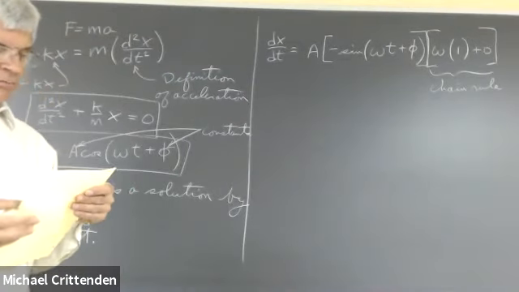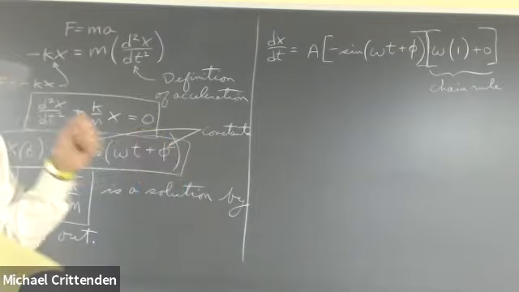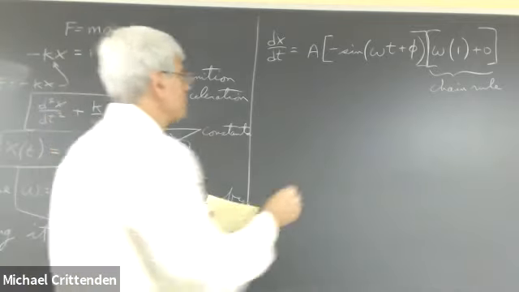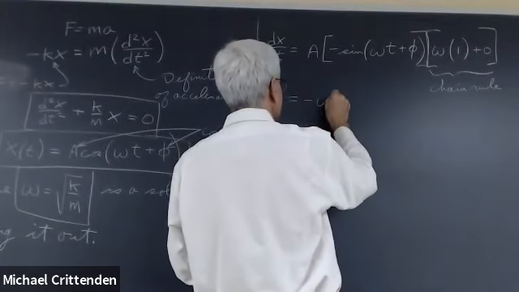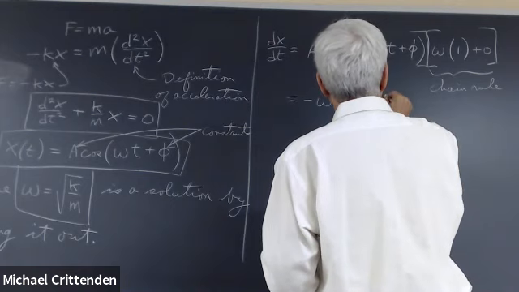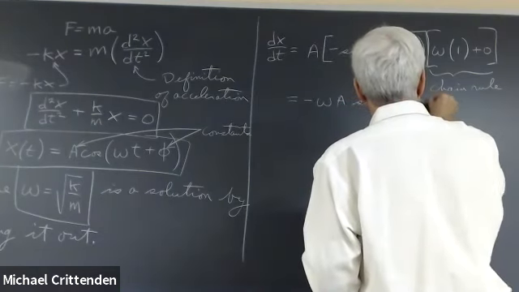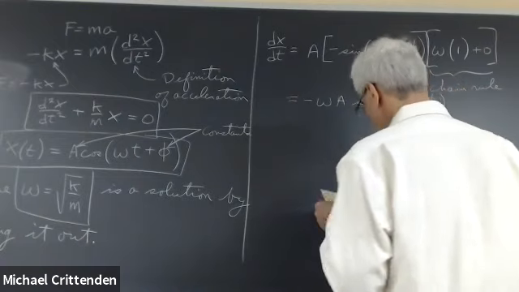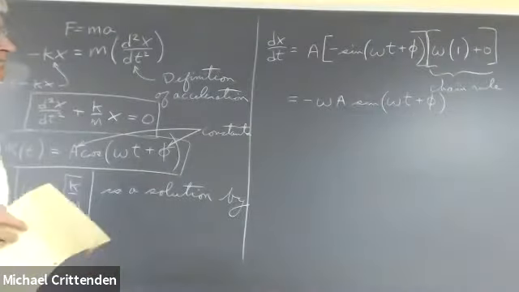Well, let's clean that up a little bit before we go on. We've got a constant at the beginning. We've got another constant at the other end. Let's rewrite it where they're all kind of gathered together like this. I don't know about you, but I think that looks better.